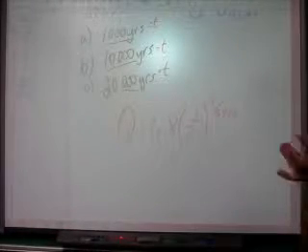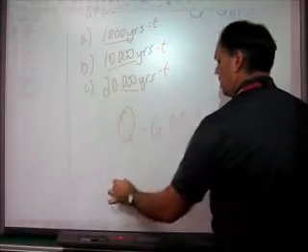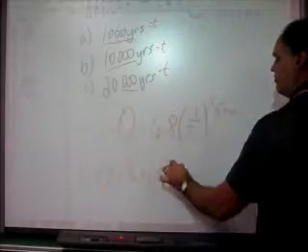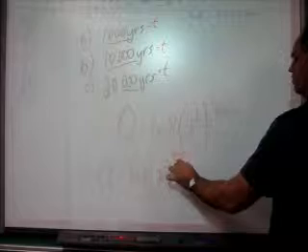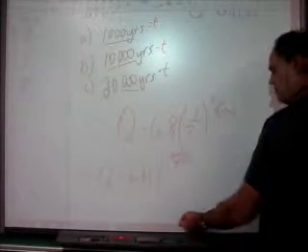Why wouldn't we go ahead and put time in? For part A, quantity is equal to 6.8 times 1/2 to the 1,000 over 5,715, and then you get a value for them. Right?